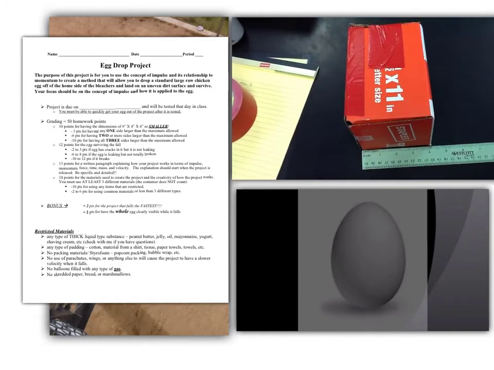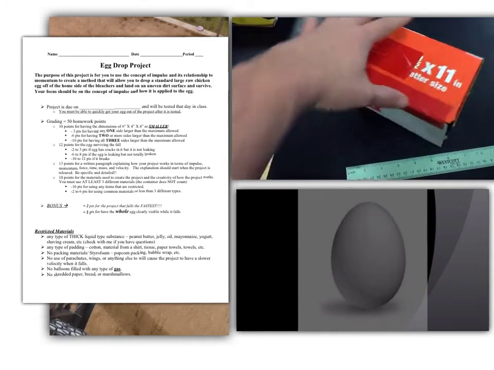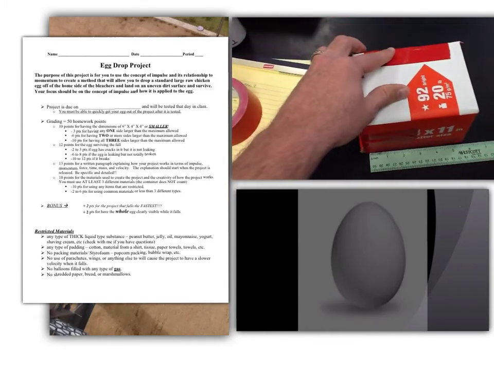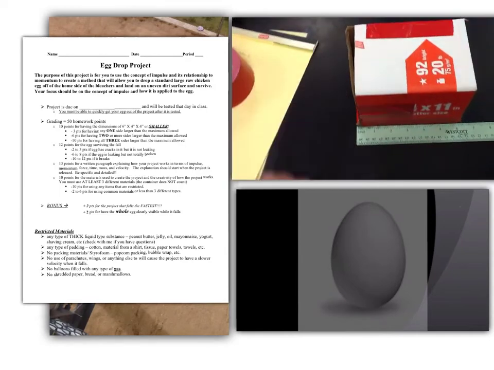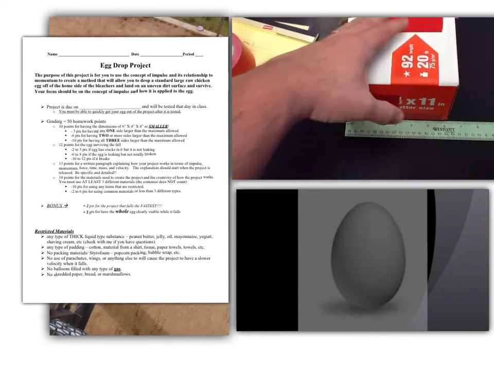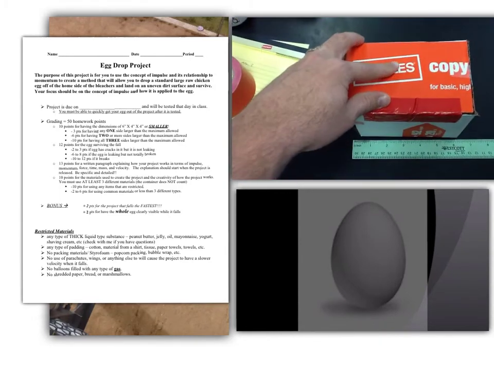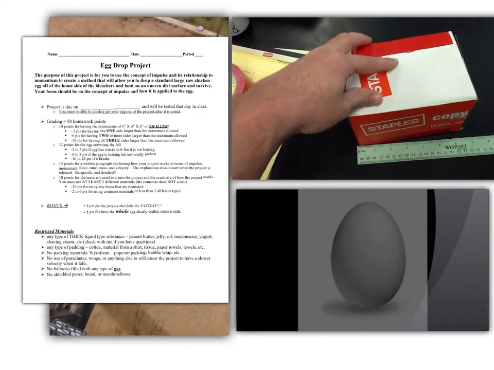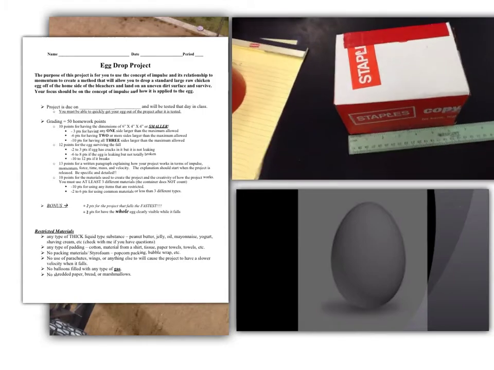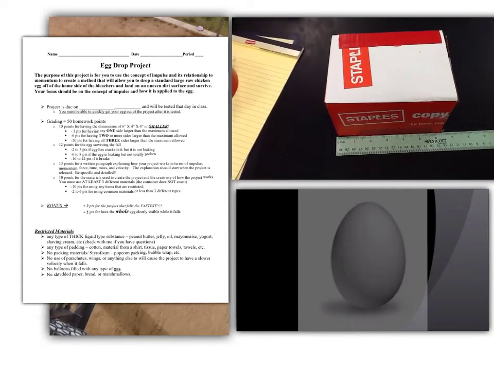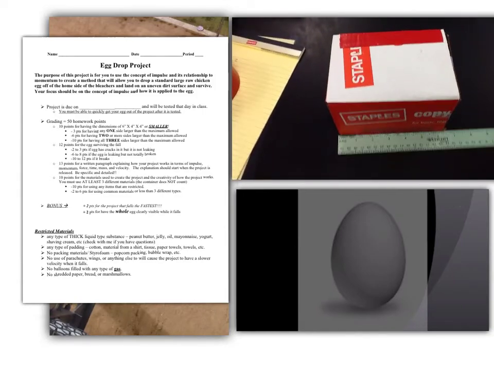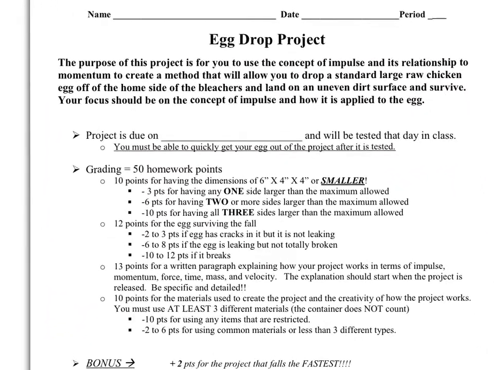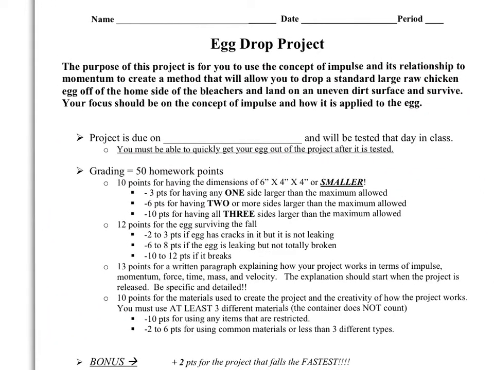So it appears to fit the maximum dimensions, but if you're really careful, because I was not careful when I was making the box, one side looks 6 inches, another side looks a little smaller than 6, but this third side, well, now all of a sudden it's bigger than 6 inches. So now, because it's bigger than 6 inches, you would be looking at losing 3 points because you're off on one side.